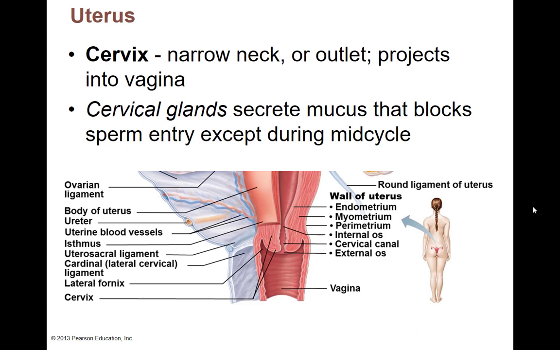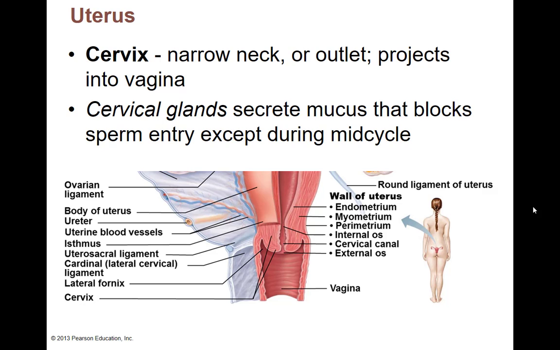Sorry if you drive. The uterus at the very bottom, though, we do have the cervix that does hang down into the vagina. Around the cervix, we have cervical glands that secrete mucus that block sperm from getting into the uterus itself. So there's generally some type of mucus there.